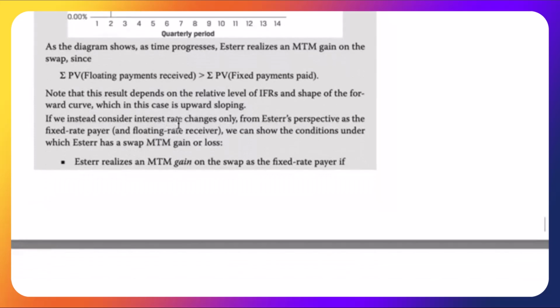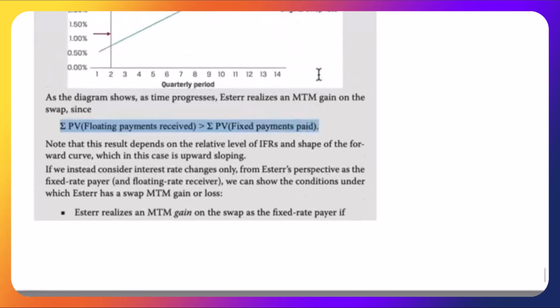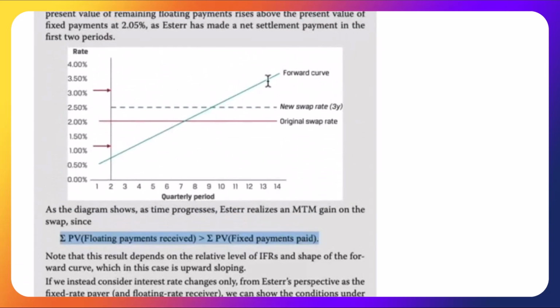If we instead consider interest rate changes only, okay, so interest rate changes only. All we did in this first example to get to this conclusion over here was cycle ahead 2 periods and say, let's assume that this curve did not change at all, that by the time we get to here and we calculate the forward rates, it would basically map onto this forward curve here.